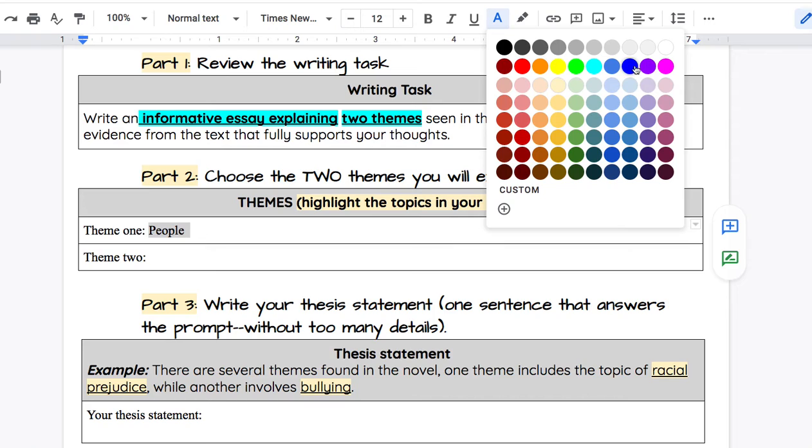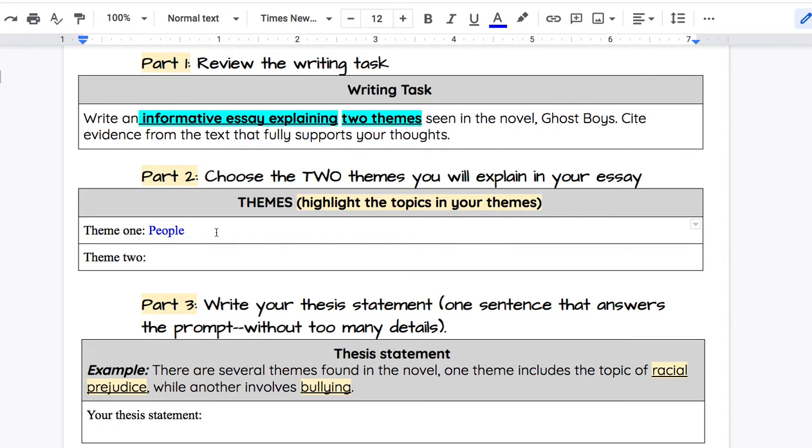It needs to be a sentence. It's not just a topic. So I'm going to say people of color are blocked from health, wealth, opportunity, justice, and safety.